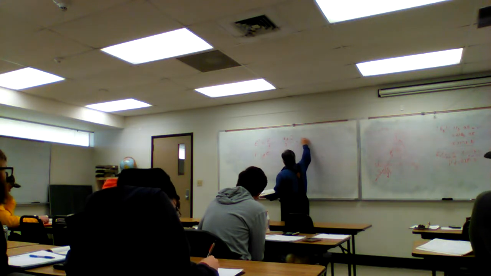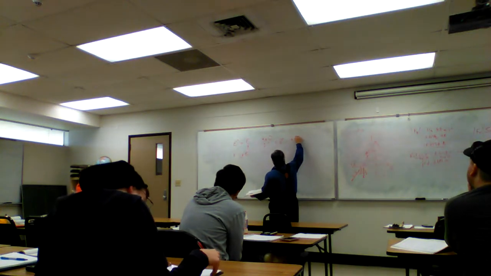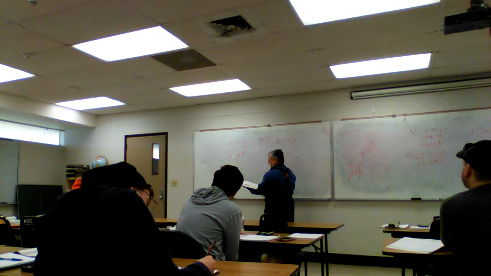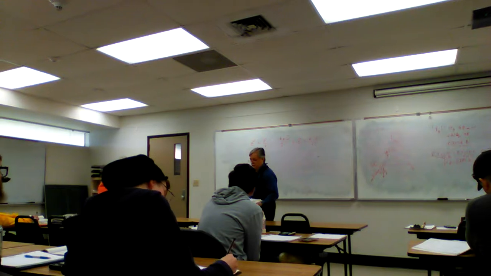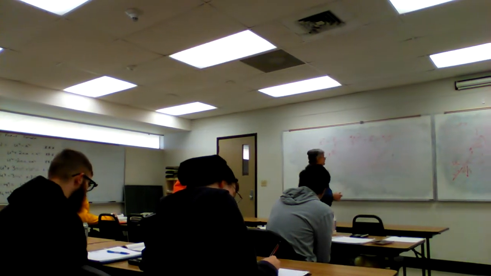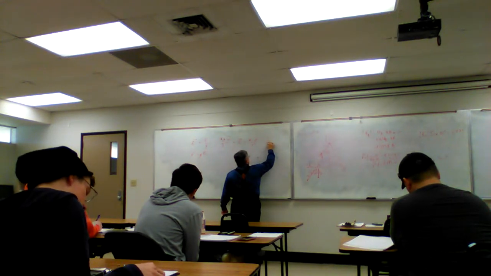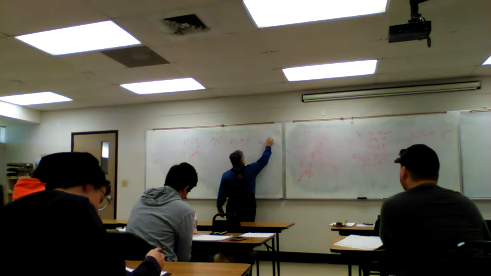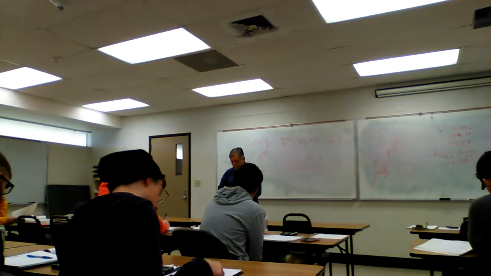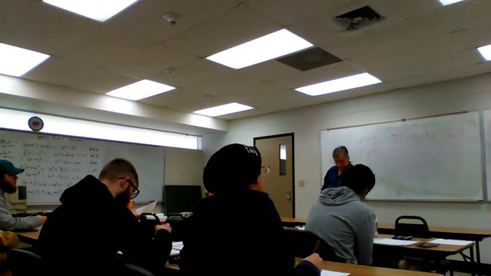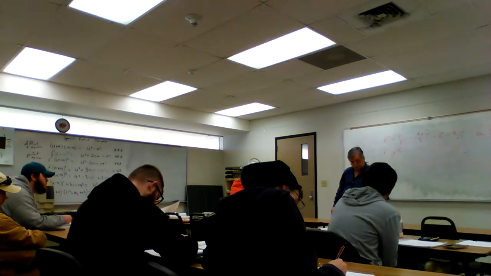Which leaves E as being equal to KQ over R squared. And how can we rewrite K? One over 4 pi epsilon sub naught. Now this should just be review so far. This is what we covered last time.